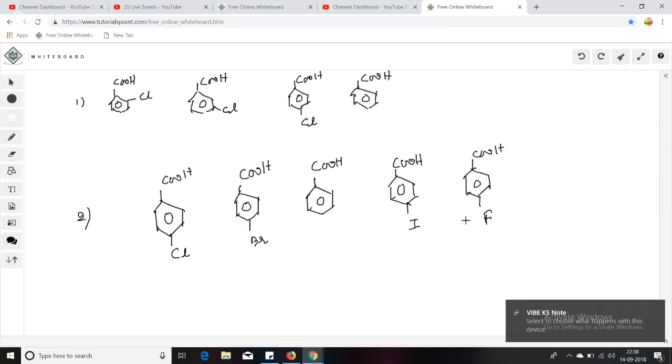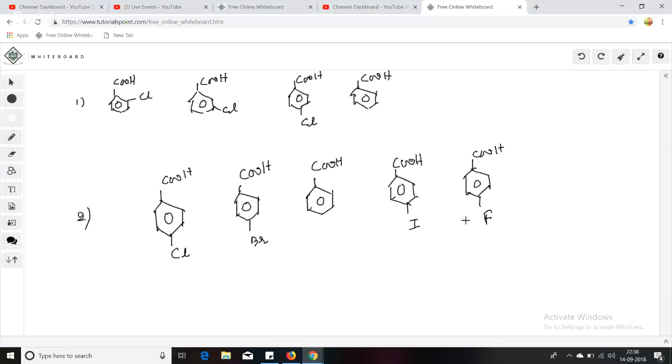Now, can you tell me the acidic order of these? The first one is easy, because in the first one this chlorine shows minus I, minus I, minus I. All these groups show the minus I effect.